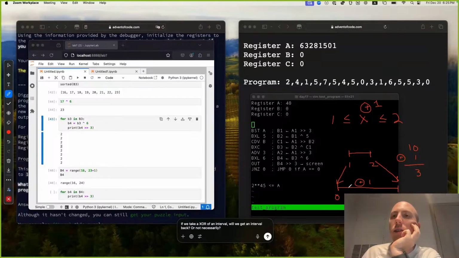And 1 and 2 are nowhere to be found. So this is a case where we don't get an interval back, and the numbers aren't contained within the original interval.